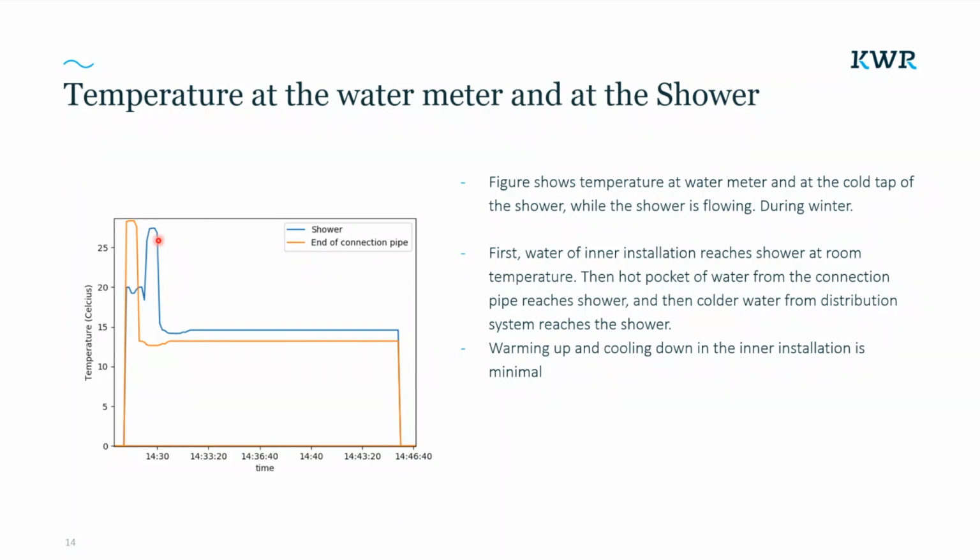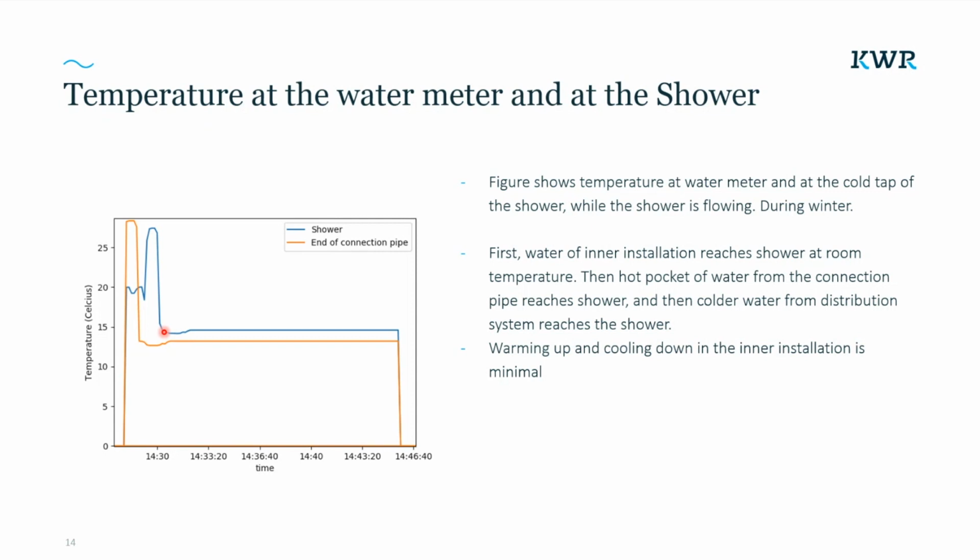Again, this is about 1 minute, 1.5 minutes, which is dependent on the length and diameter of the connection pipe. And after that, the colder water, which comes directly flowing from the distribution line, reaches the shower at slightly below 15 degrees Celsius or 59 degrees Fahrenheit.